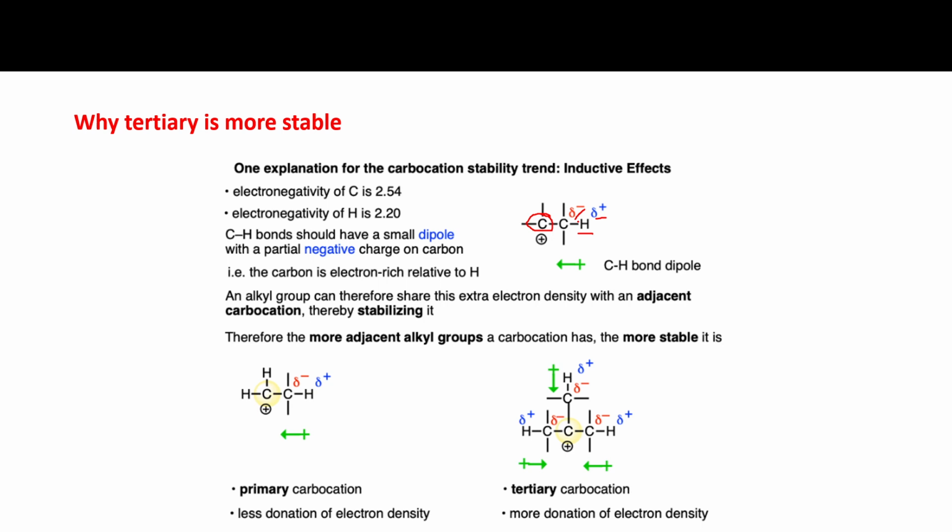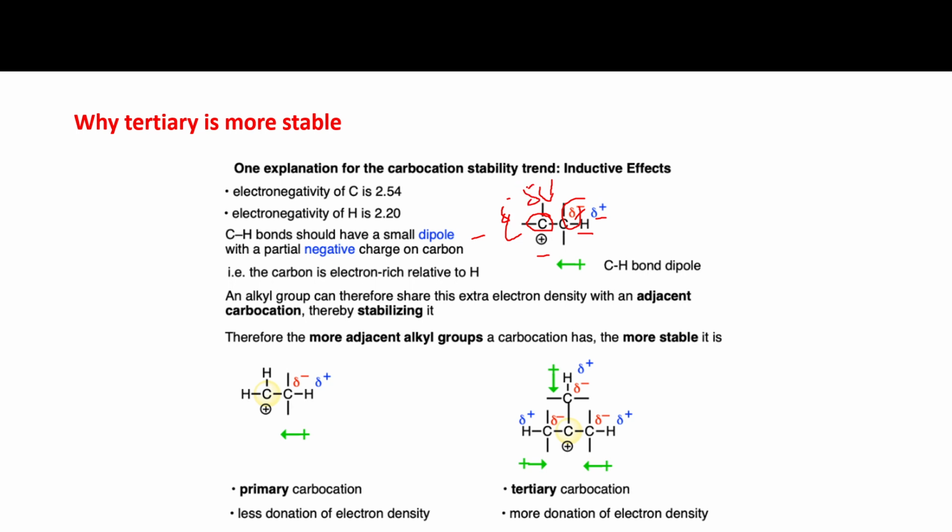So when there is a carbocation, this delta negative charge on the adjacent carbon atom will stabilize your carbocation. When there are multiple carbons adjacent to the carbocation carbon, the chance of stabilization of this carbocation is more.